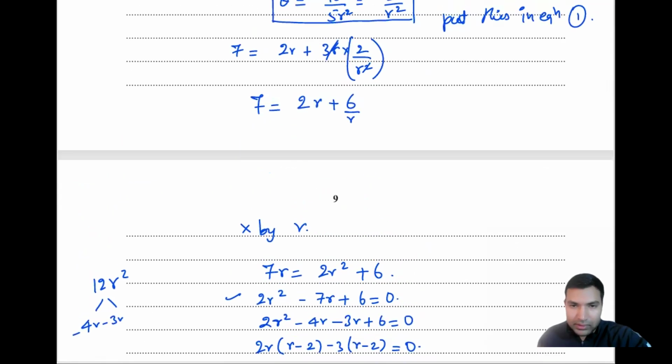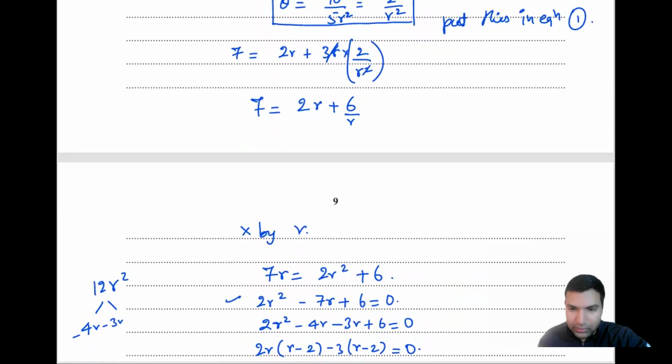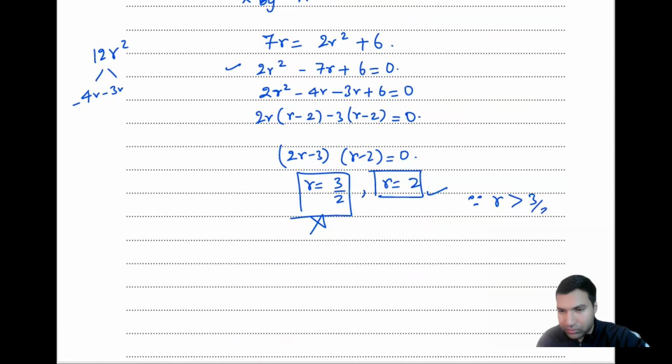Now let's see the condition for R, what was given to us over here. R should be greater than 3 by 2, which is 1.5, right? So equal to 3 by 2, I can neglect this value. So my answer is R equal to 2, because since R is greater than 3 by 2, I cannot take the value equal to 3 by 2.